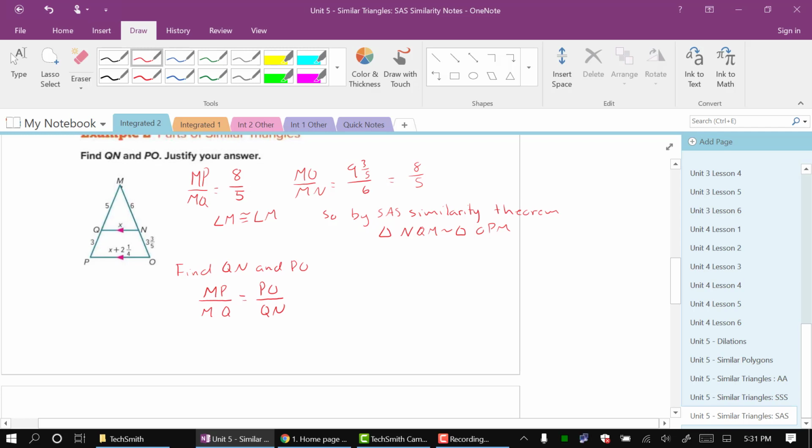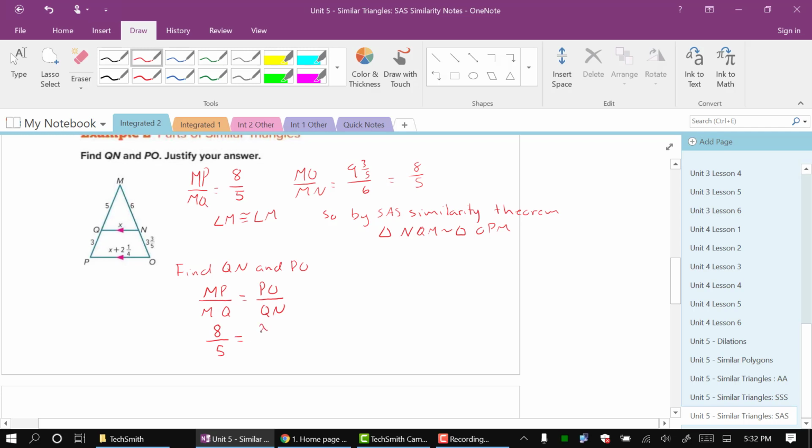So one of our sides, MP, corresponds to the smaller one, MQ, and our other side, PO, corresponds to the smaller side of the other triangle, QN. Fill in what we know. MP is 8, MQ is 5. If you wanted to, you could use the other side, but it already has fractions, and I don't want to put too many fractions in there.